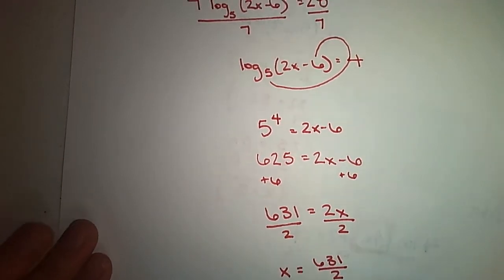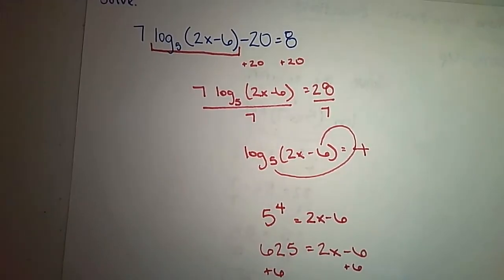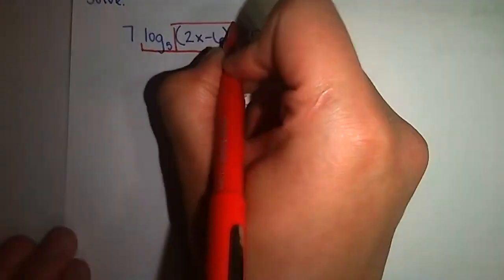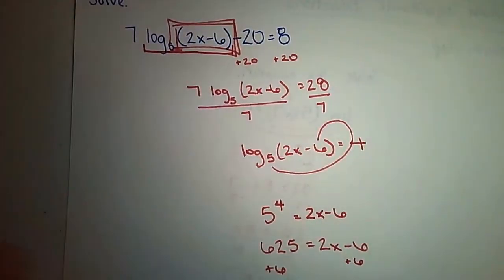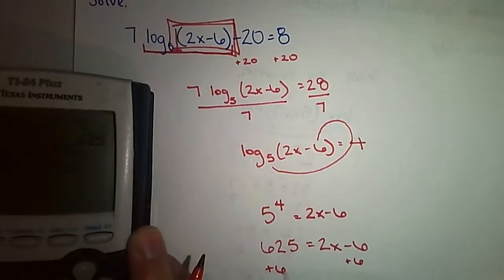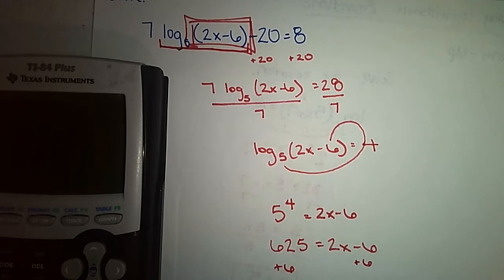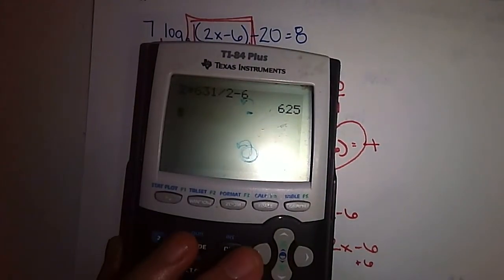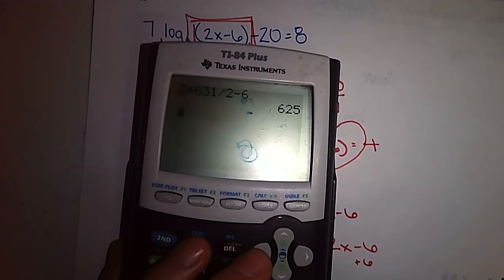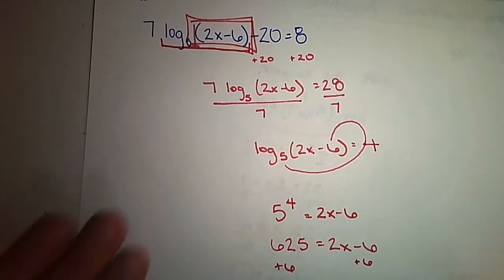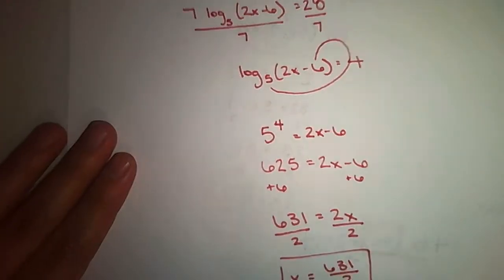And now again, we need to check to make sure that when we plug that in, our argument stays positive, which it should. So we have 2 times 631 divided by 2 minus 6, which gives us 625, which is indeed a positive number. So we are okay with the solution.